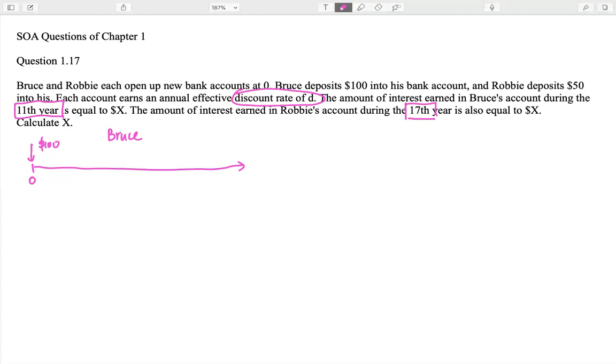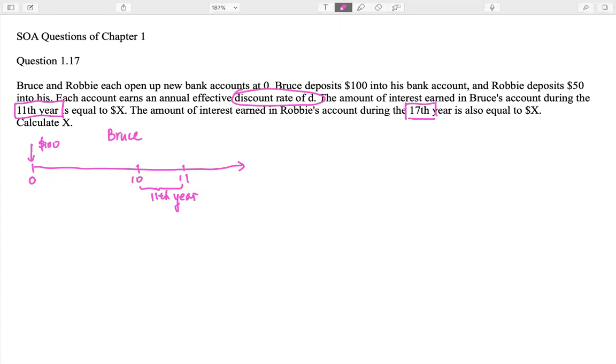What we know is about the 11th year, so let's say here is 10, here's 11. So this is the 11th year. What do I know? I know the amount of interest earned in this year is X.